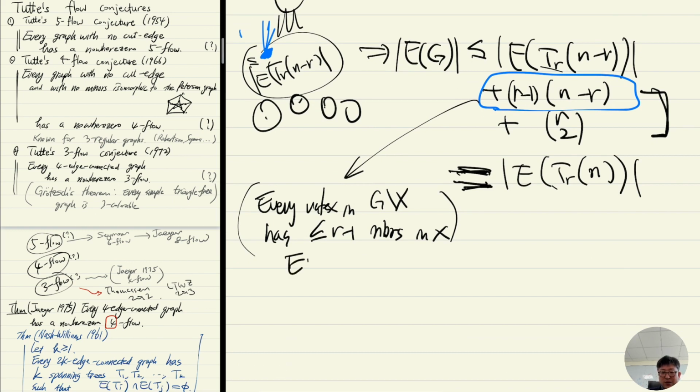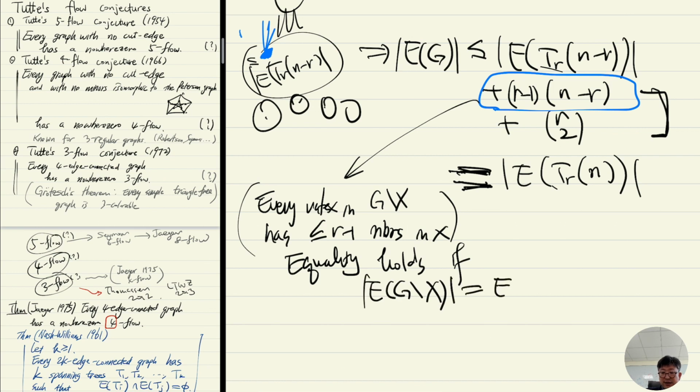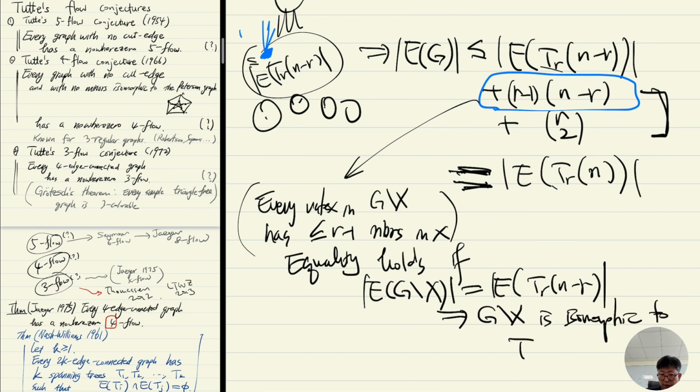The equality holds if the number of edges of G delete X is precisely the number of edges of the Turan graph, which, by induction, implies that G delete X is isomorphic to the Turan graph.